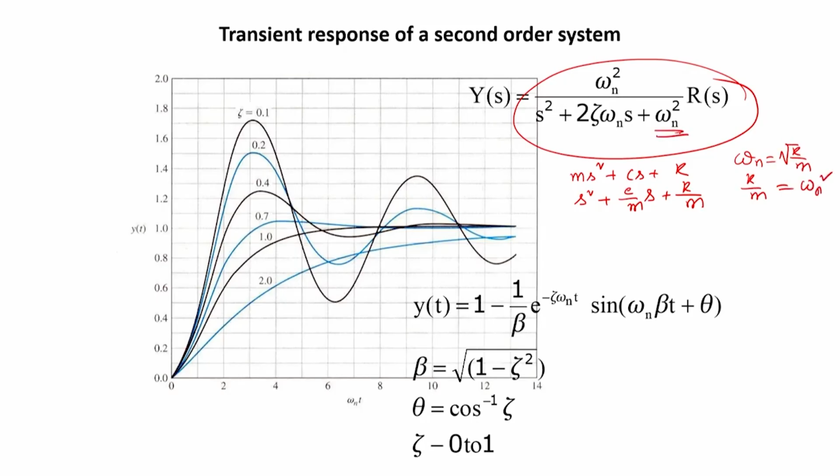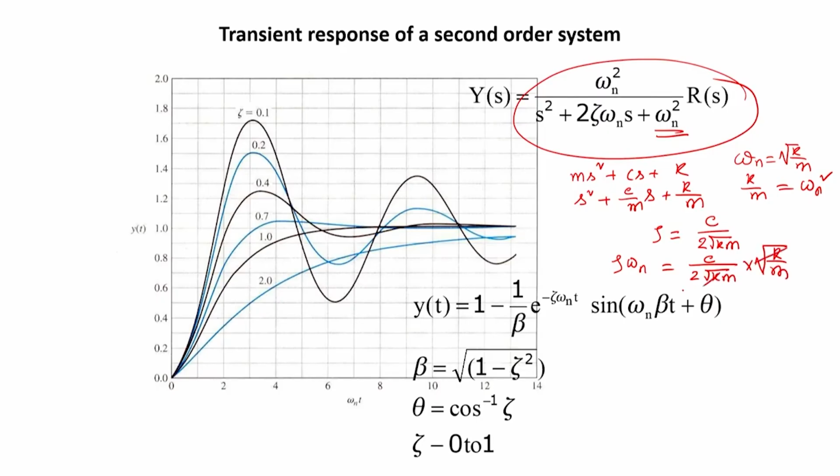We also know that zeta by definition is c by critical damping, which is 2 root km. So, this definition tells me that zeta times omega n will be nothing but c over 2 root km into root k by m.